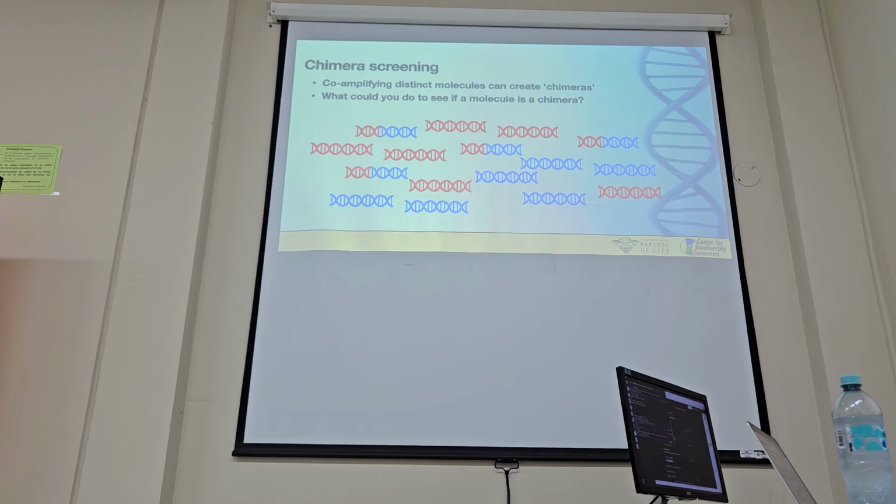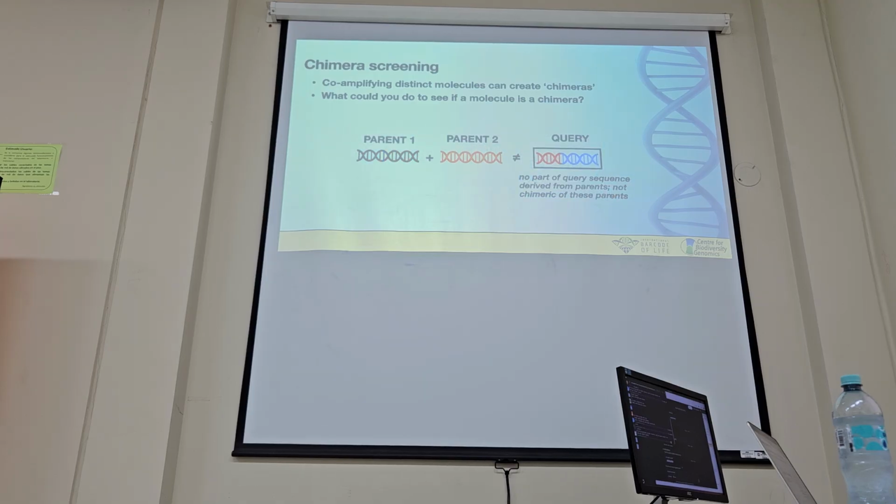Yeah. So what you do to screen for chimeras is you see if any molecules can be made up by other molecules, okay? So if we have different ones, we call them parent 1, parent 2, and then the one we're checking, query, okay? So if we had this chimera, we check all pairs. We check here, we can see no part of that query matches this, okay?